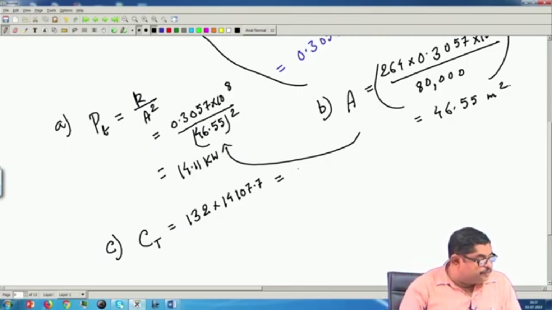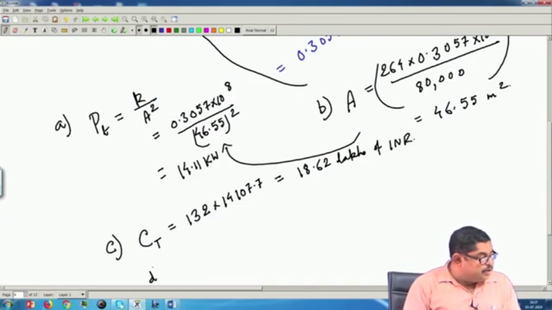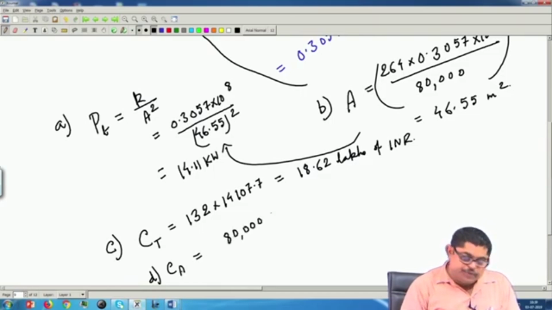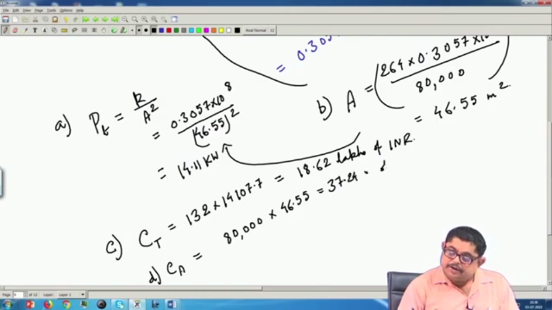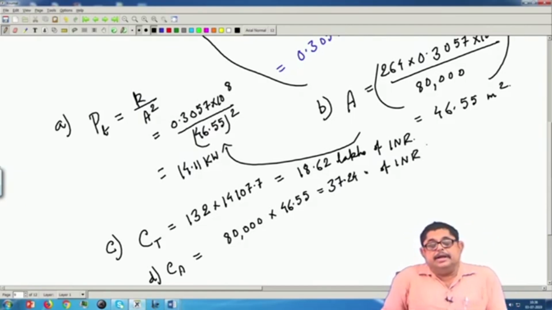So, that will be 18.62 lakhs of Indian rupees. And what is C A? C A will be 80,000 into 46.55. So, it is 37.24 lakhs of INR.